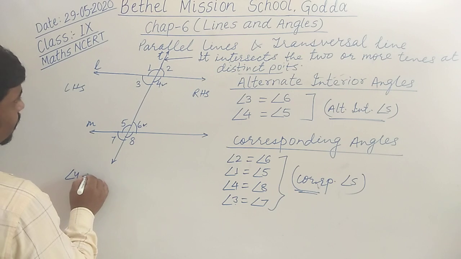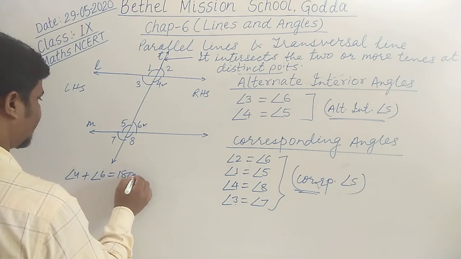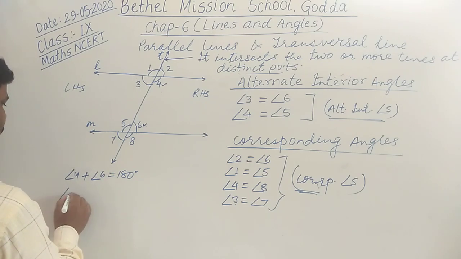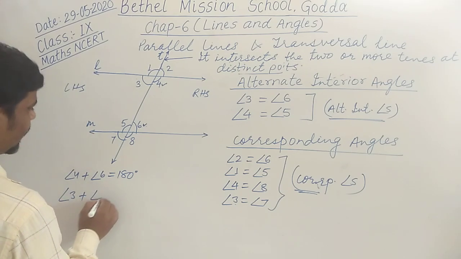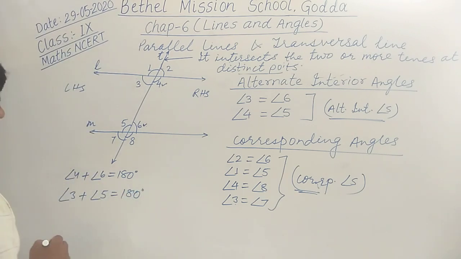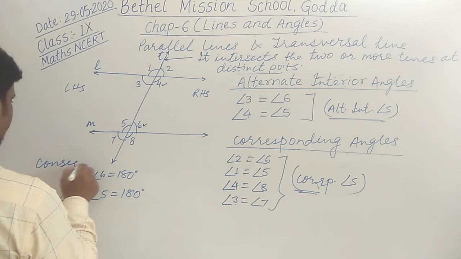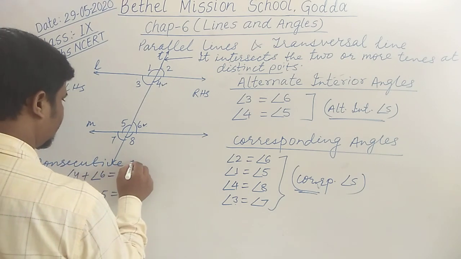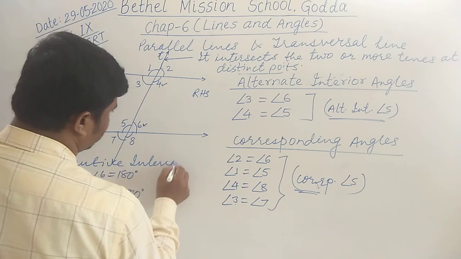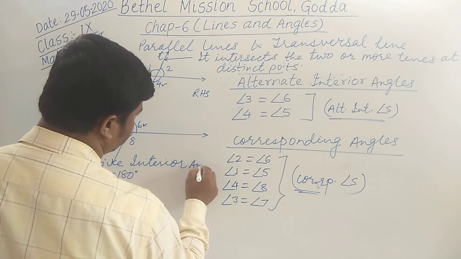Angle 4 plus angle 6 equal to 180 degrees. Angle 3 plus angle 5 equal to 180 degrees.